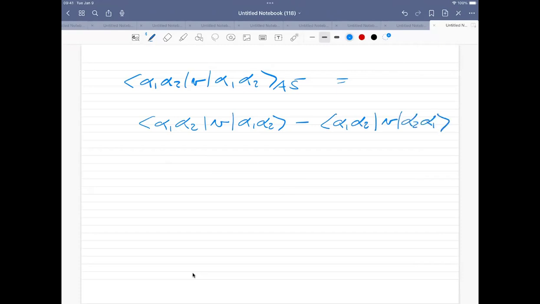When we do it diagrammatically, it looks something like this.